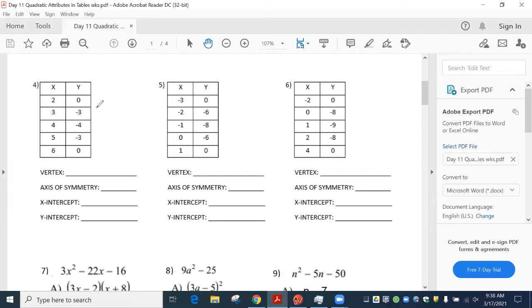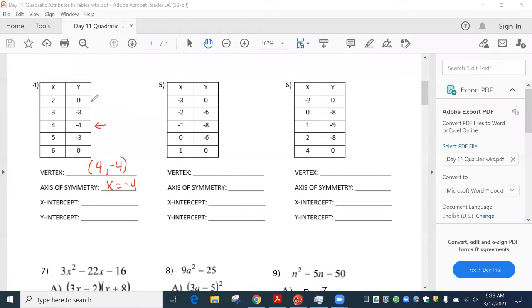All right. So right here, do we see the vertex? Yeah, vertex would be that right there. So we got 4 and -4. Axis of symmetry is going to be x equals -4.